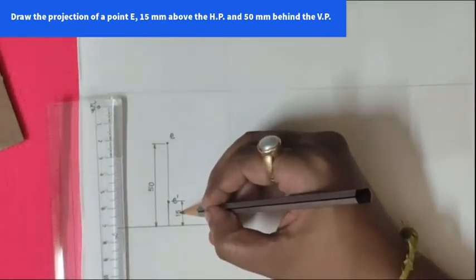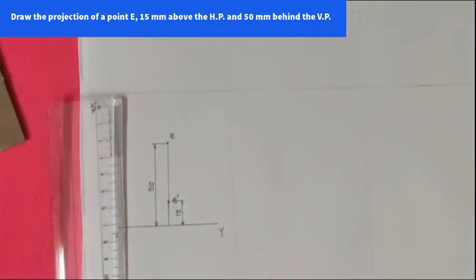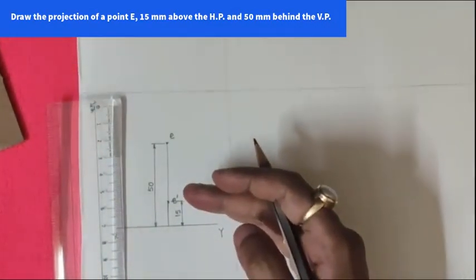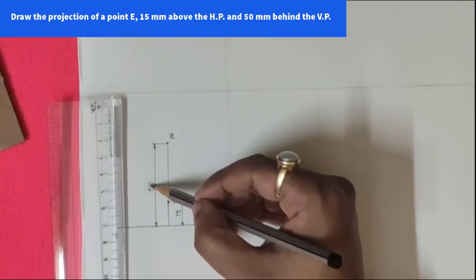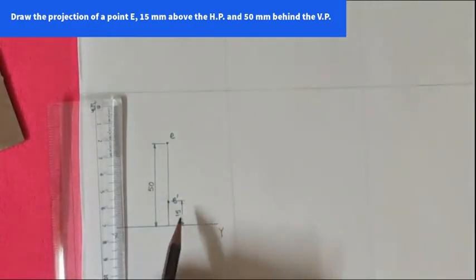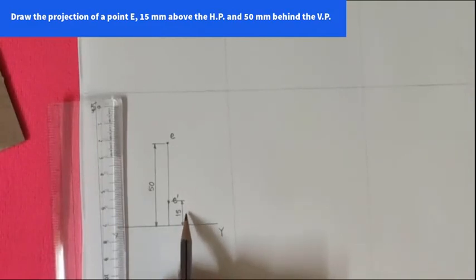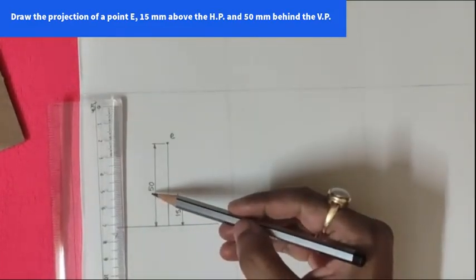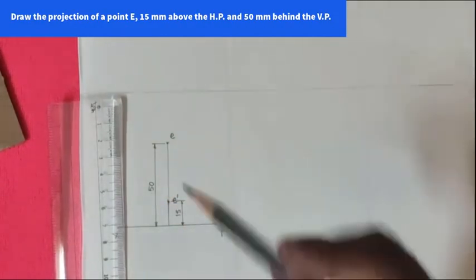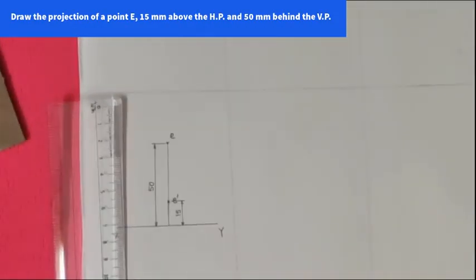We are following the aligned system, so it should be read from the right hand corner. That's why I'm writing 15 and 50 in this position. Here you cannot write 15 like this. You have to write in this way. So this is the dimensioning of question number 5.